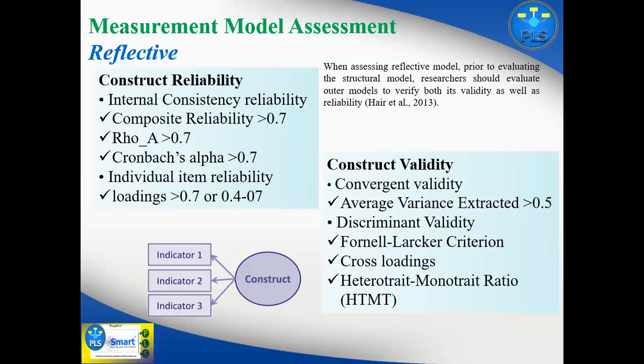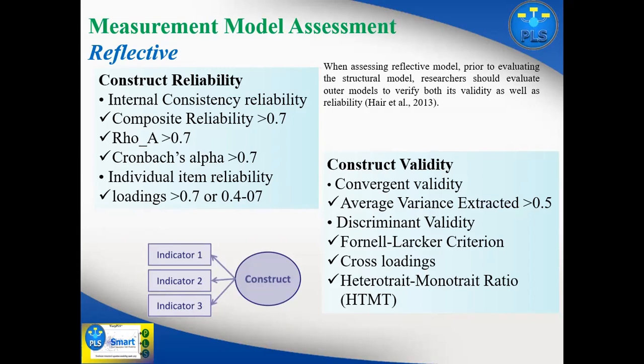You understand? So they wanted a kind of middle ground. That is when they introduced rho A. When we run it, we find that the values always fall in the middle between composite reliability and Cronbach's alpha. This is about internal consistency reliability.